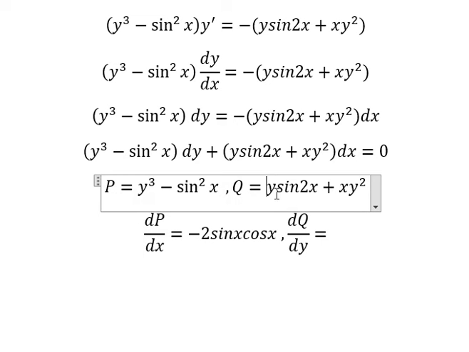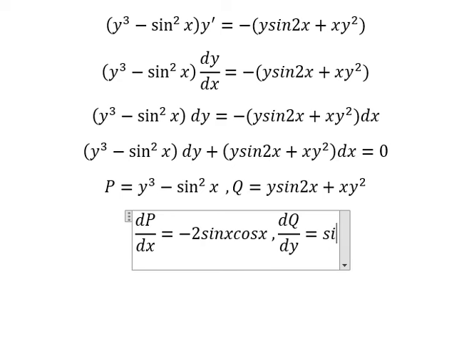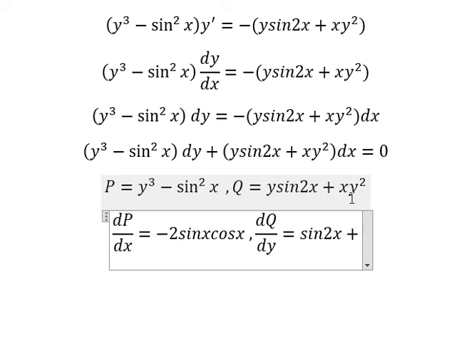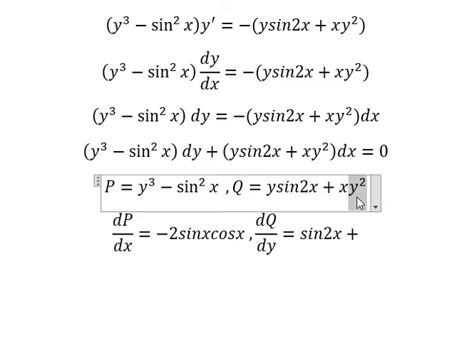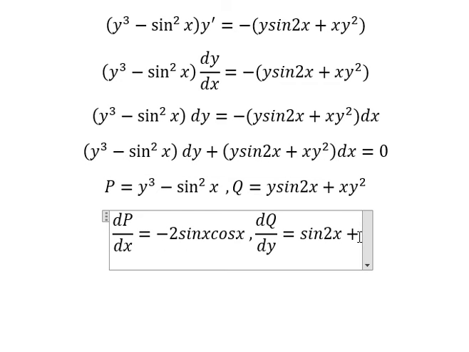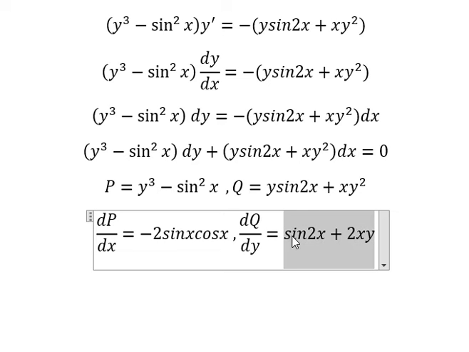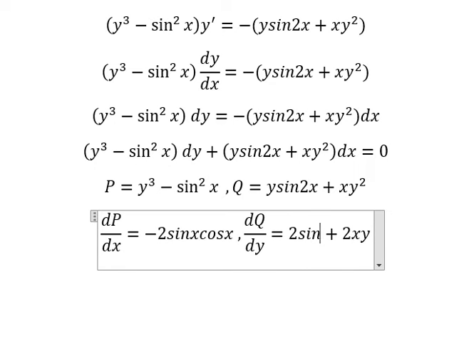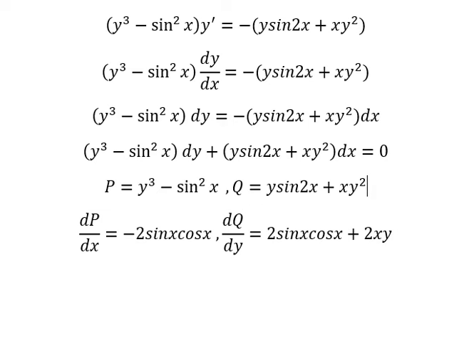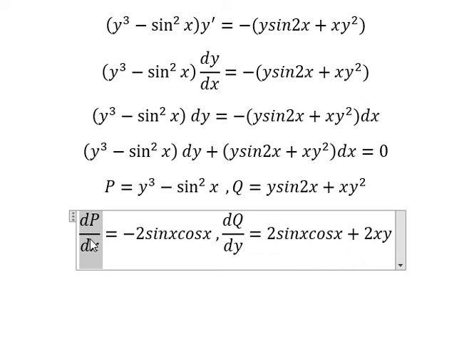So we have y in here. That means we have number 1. First the derivative of y squared, we have 2y. So we know that sine 2x is about 2 sine x cosine x. So we see that db over dx is not the same as dq over dy.